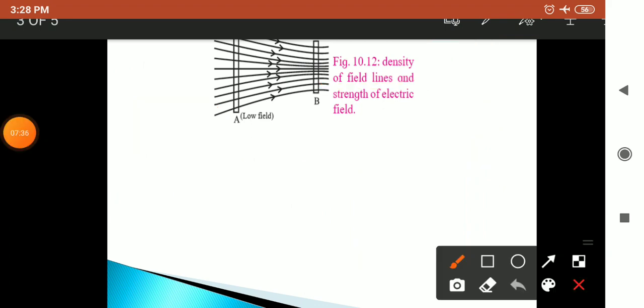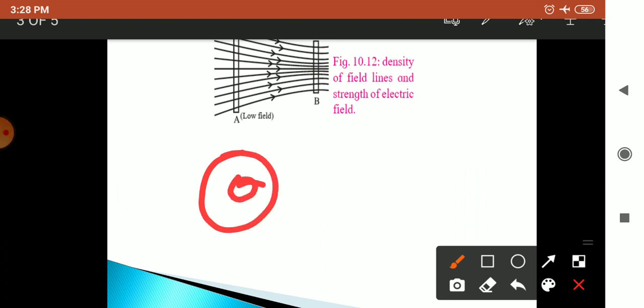That means when there is a surface area, the magnitude of the electric field will depend on how many lines of force pass through that particular surface area. Then the sixth characteristic: electric lines of force are crowded in a region where the electric intensity is large.